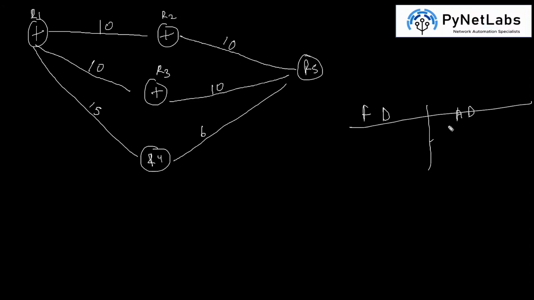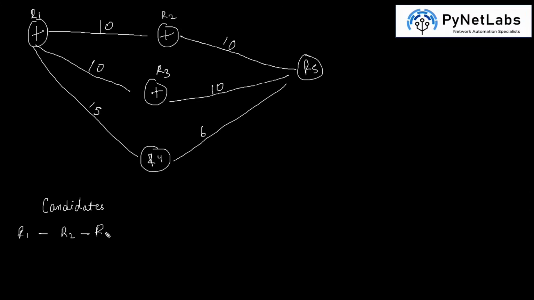Now, if we look at the candidates we have, the first one goes from R1 to R2, then R5, then R1 to R3, reaching R5, and at last R1 to R4 and R5.